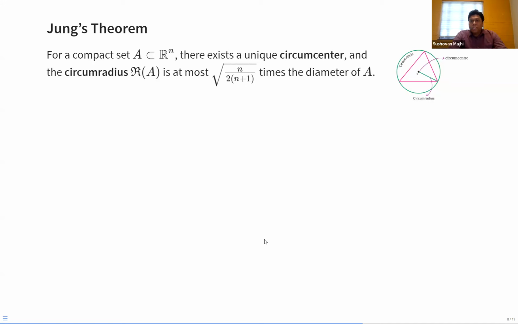But also, here's the exact calculation. At most, it can be the square root of n, the dimension of the space you are in, divided by 2 times (n plus 1), times the diameter. So it says that if you have a compact set, then you can enclose it by the smallest enclosing ball with a unique circumcenter, and the circumradius is going to be strictly smaller than the diameter of the set.